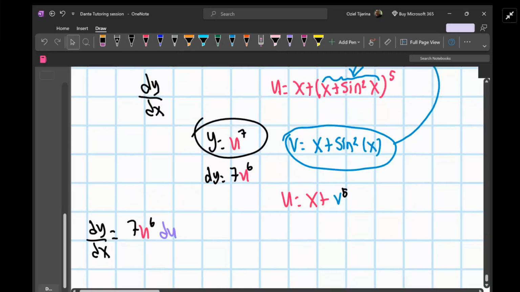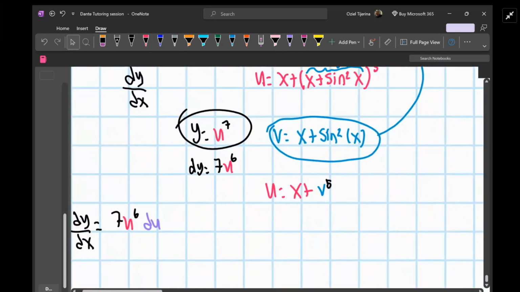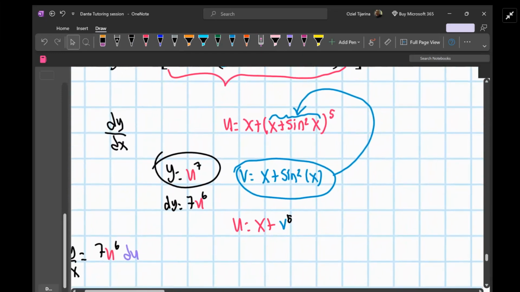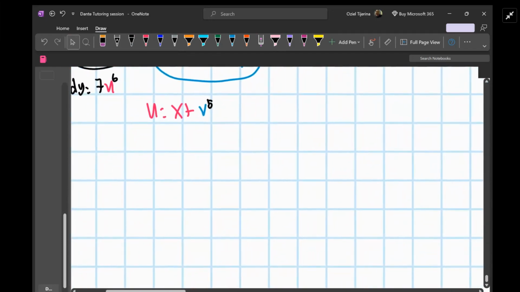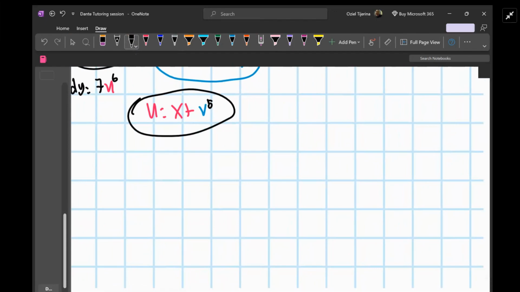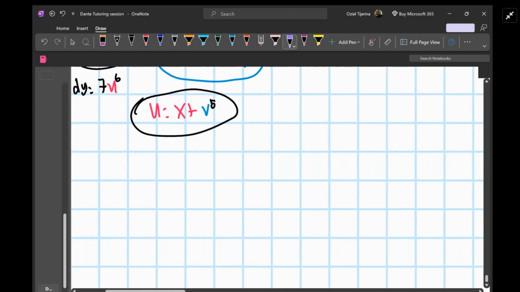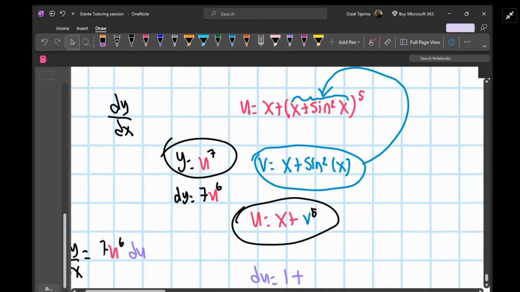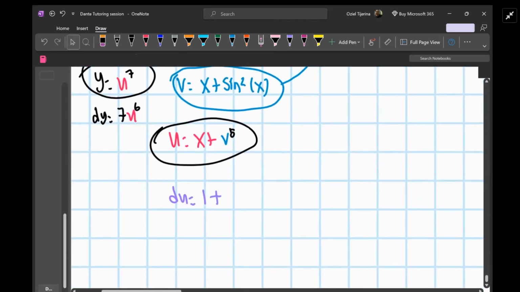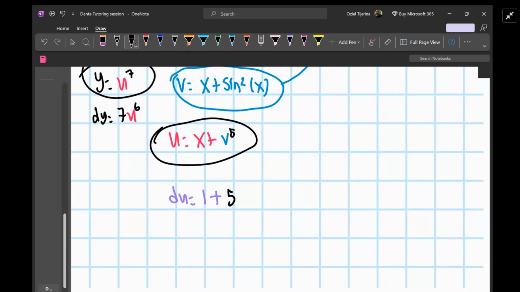Now, for this part, we need to know that du, when it comes to this section here, the derivative with respect to x, du is actually going to be 1 plus 5v to the fourth dv.